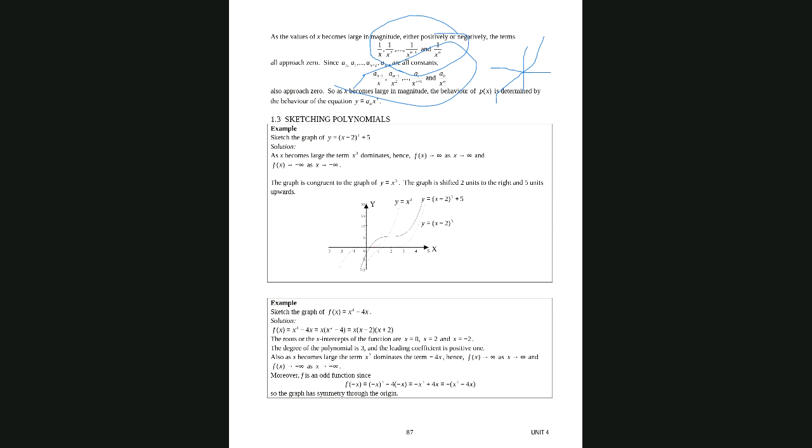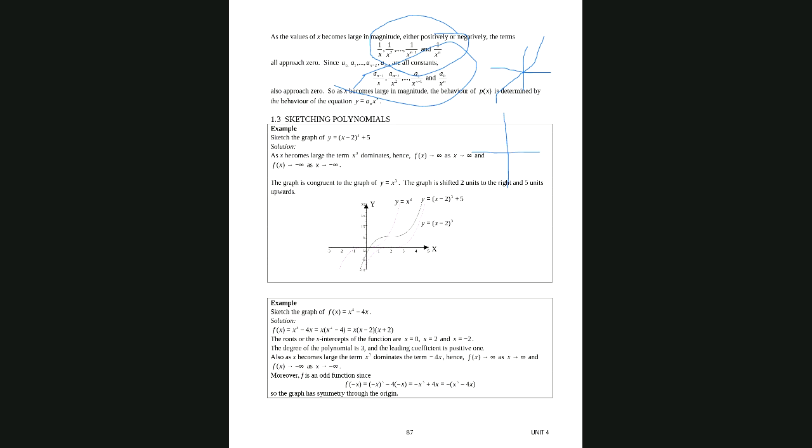So let's go on. Now the next thing is that we are going to try to sketch graphs of a polynomial. So here we have y equals (x minus 2) all cubed plus 5. Now we know that the original cubic graph is like this. Have you seen that?